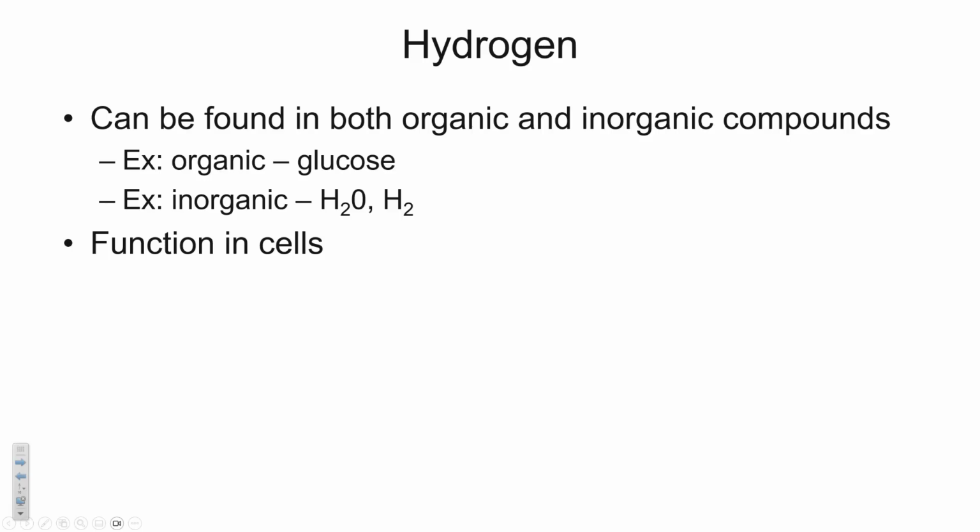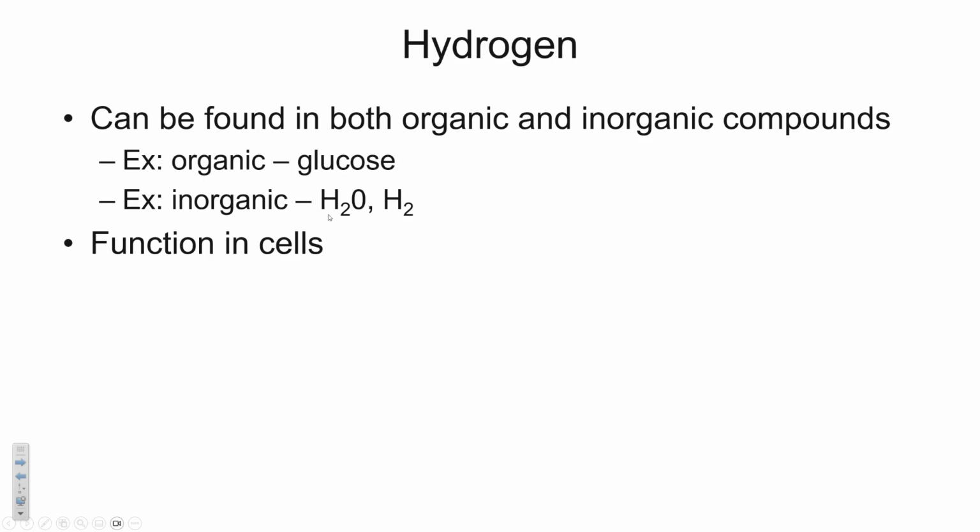Now, hydrogen, another key building block in life, the second most common after carbon, is largely used to make up a lot of the periphery around the carbon. So carbon is the main building block, and then hydrogen fills in a lot of the elemental space around carbon. And ultimately, it is a major part of both organic and inorganic sources. So sugars, for example, contain lots of hydrogen, but also things like water.